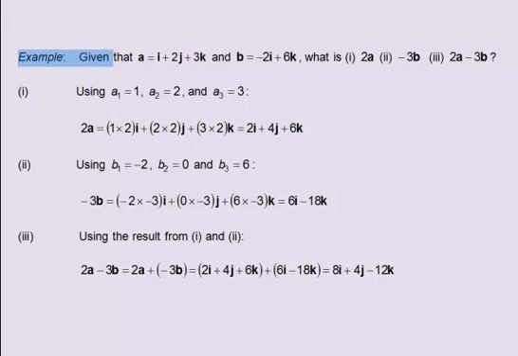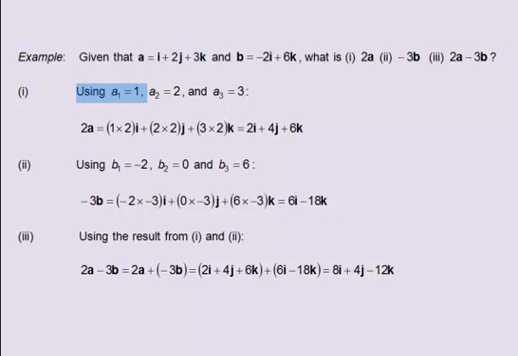Example, given that vector a equals i plus 2j plus 3k and vector b equals minus 2i plus 6k, what is 1, 2a, 2, minus 3b, 3, 2a minus 3b. 1.